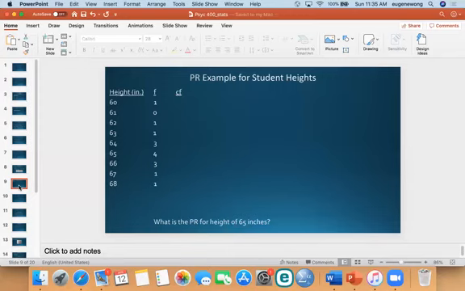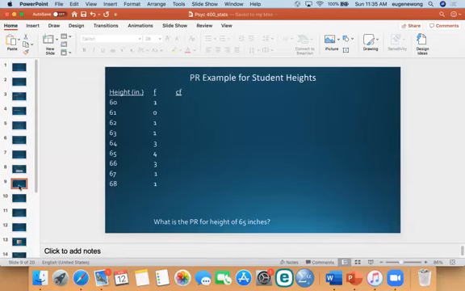At 62 inches, the cumulative frequency will be 2, because there's 1 kid who is 62 inches, 0 at 61 inches, 1 at 60 inches. So there is a total of 2 kids at 62 inches or shorter. Okay, you finish the remainder of the cumulative frequency column.